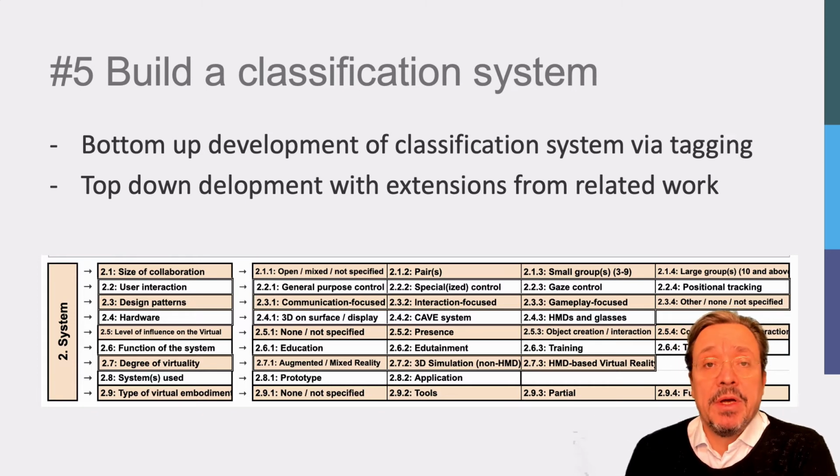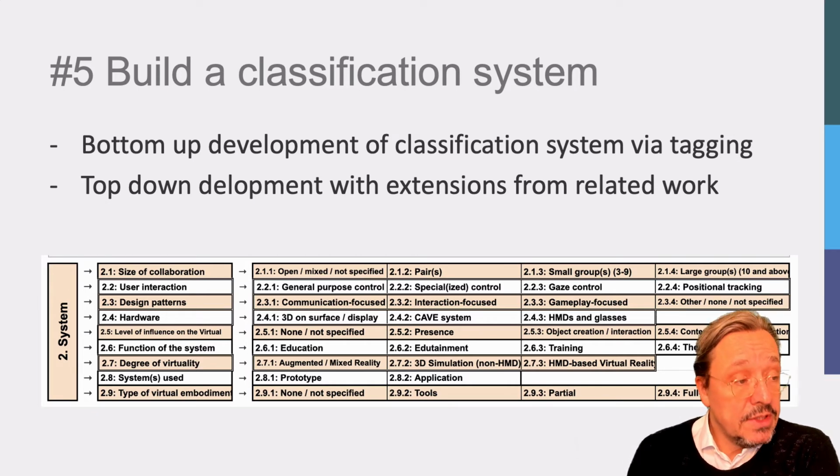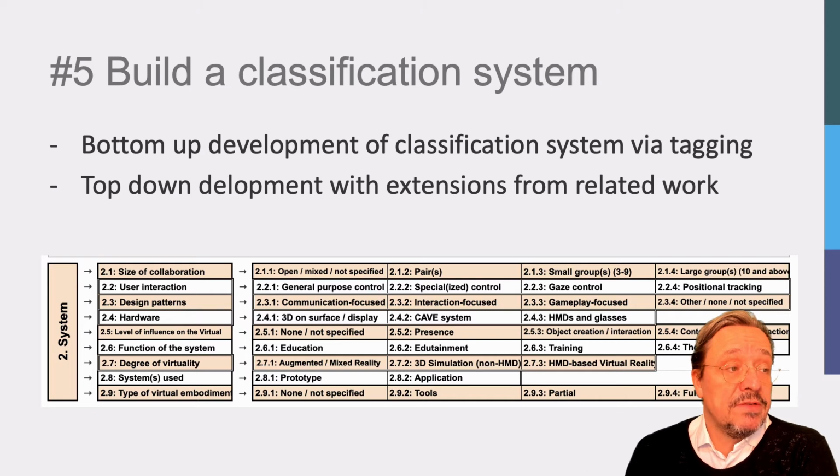And this can happen either bottom up, that while reading through your articles, you have your key research questions, and on these key research questions, you identify the different variations that are in your publications. So in this case, the author tries to build a classification system on the different types of collaborative virtual reality applications that are out there.